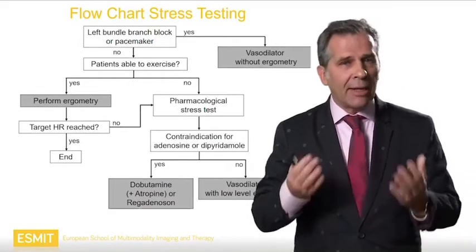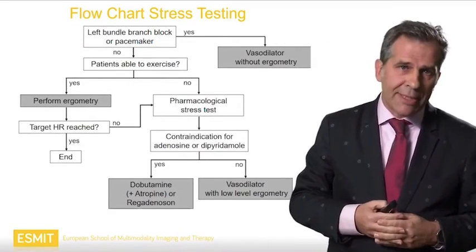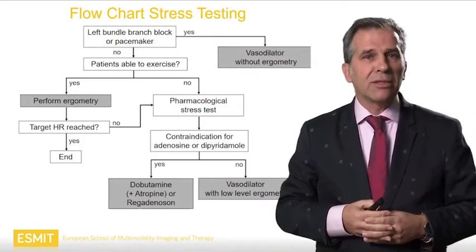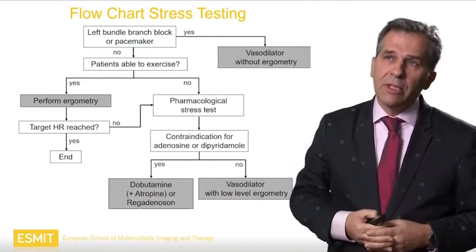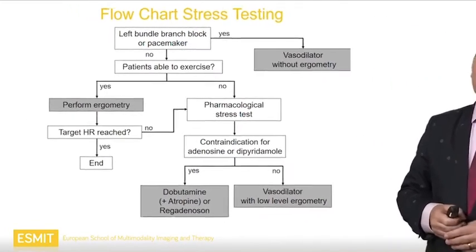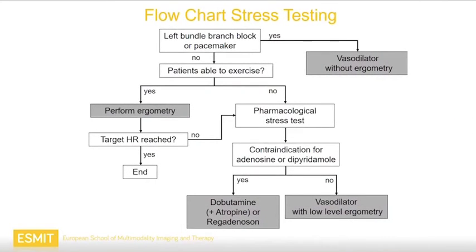So finally, for the flowchart, stress testing depends on the patient we have in front of us. For example, if you have a patient with a pacemaker or left bundle branch block, then you have to decide to do a drug test, mostly with a vasodilator without ergometry.